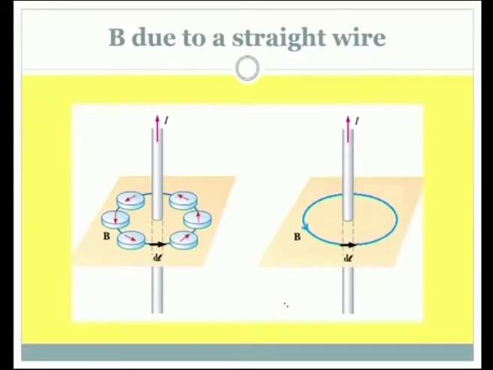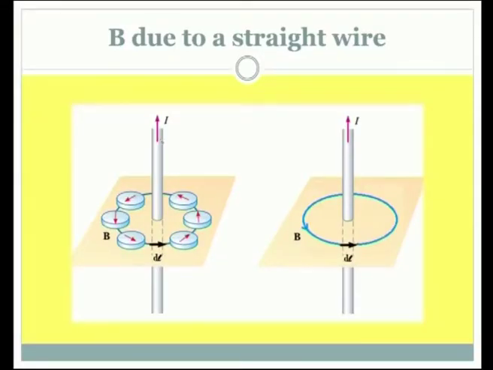What is the magnetic field produced by a straight wire? B is the magnetic field, which is equal to mu naught I divided by 2 pi A. A is the distance between the wire and the point where we consider. The same approach, when we use Ampere's circuital law, we have to get the same expression. Shall we check that?